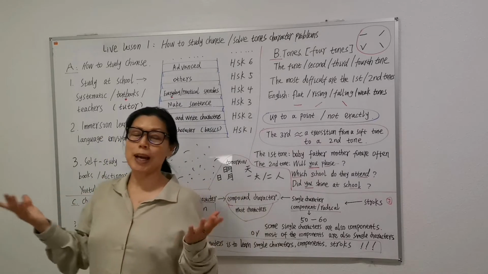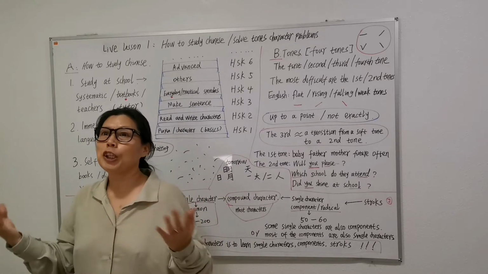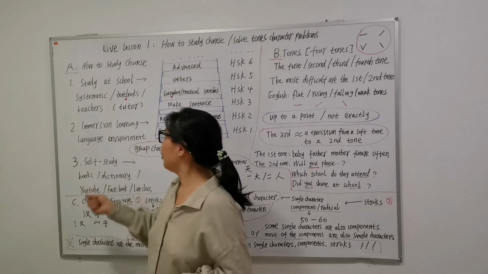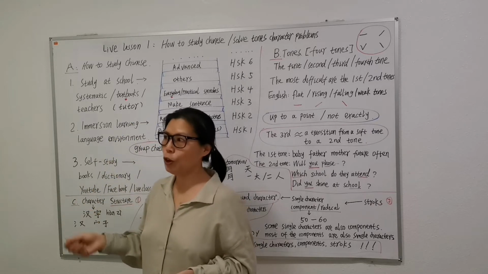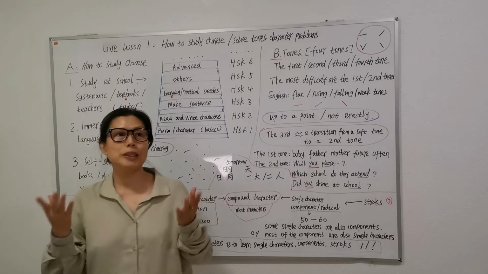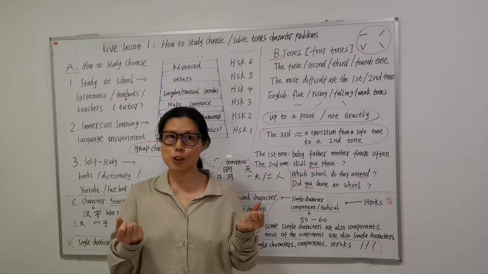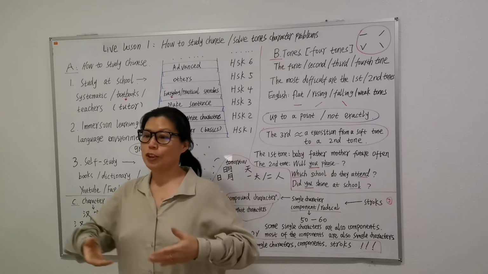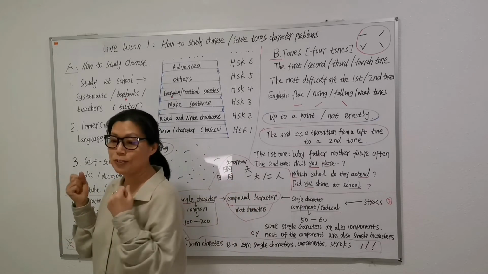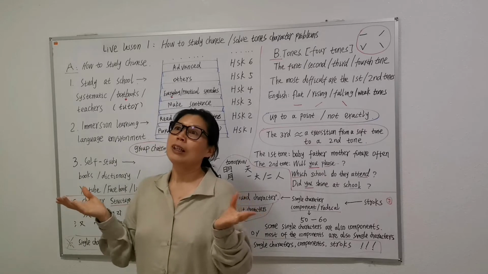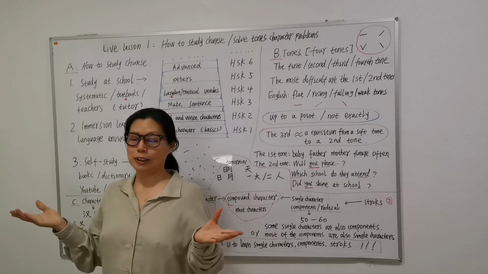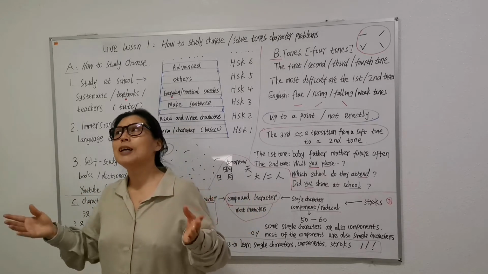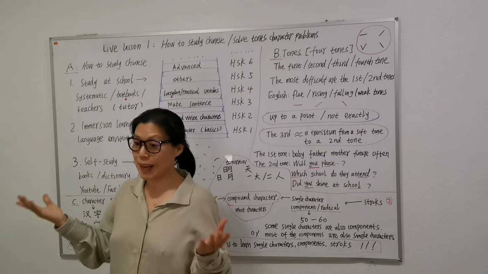The second is immersion learning. Maybe you go to China, a total language environment, or you don't need to go to China. Maybe there are some Chinese factories in your city, in your country. You go to work in a Chinese factory. You have Chinese co-workers. You can learn Chinese by talking with them.